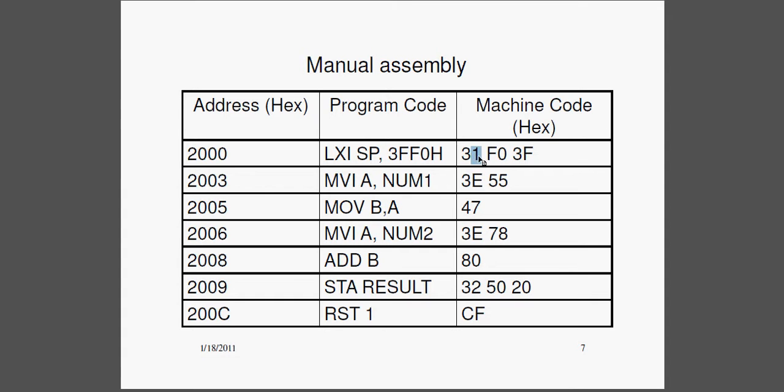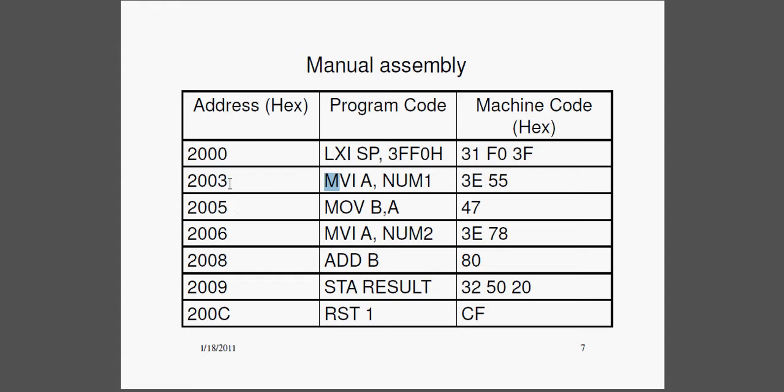So there are 3 bytes involved for LXI, and then MVI involves 2 bytes of instruction, and that's why the next instruction is stored at 2005, which means locations 2003 and 2004 are being used for the instruction.